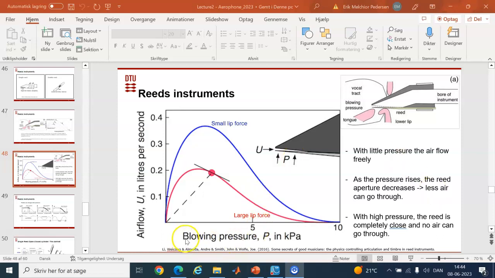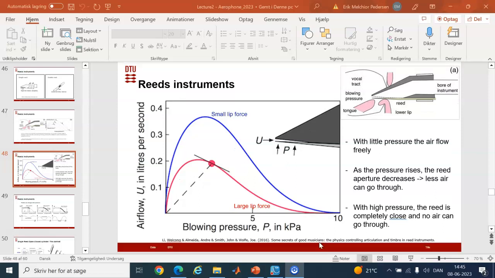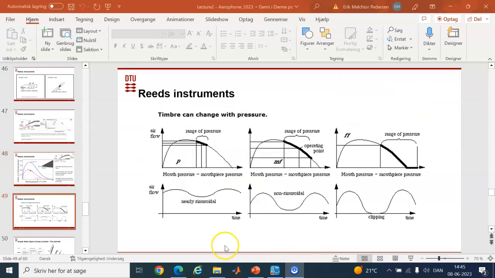With high pressure, as you blow, the reed is completely closed and no air can go through. A reed instrument timbre can change with pressure.